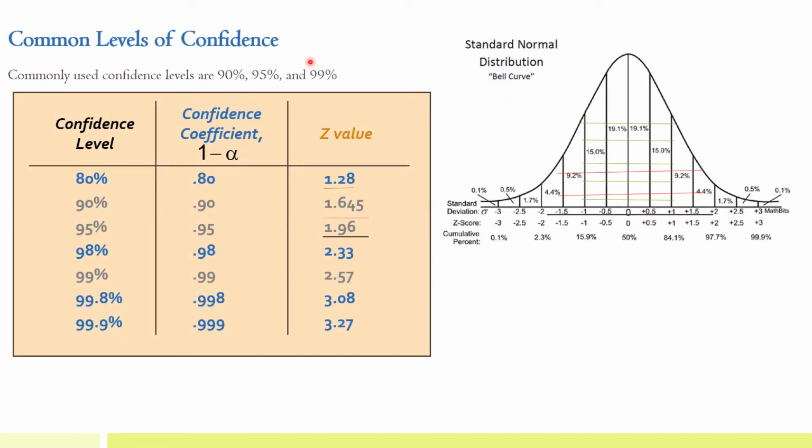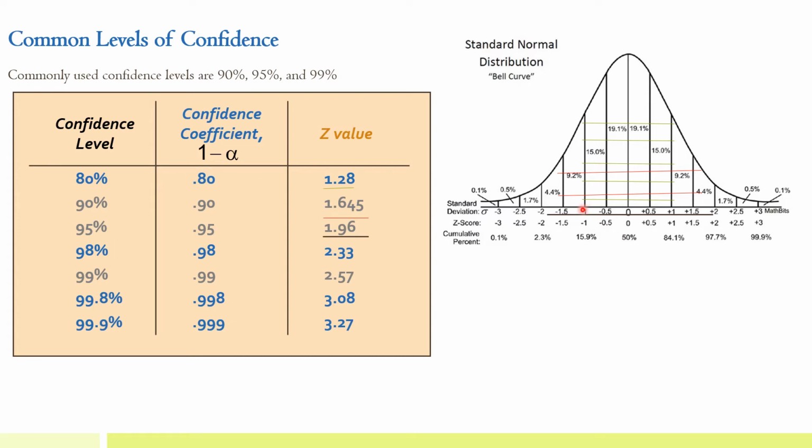Common levels of confidence. Commonly used confidence levels are 90%, 95% and 99%. If you assume your confidence level is 80%, then the confidence coefficient 1 minus alpha is 0.80 and the z value is 1.28, meaning the area of this normal curve is defined by 1.28.